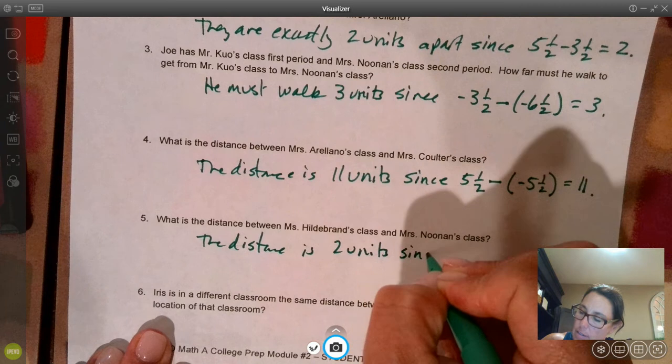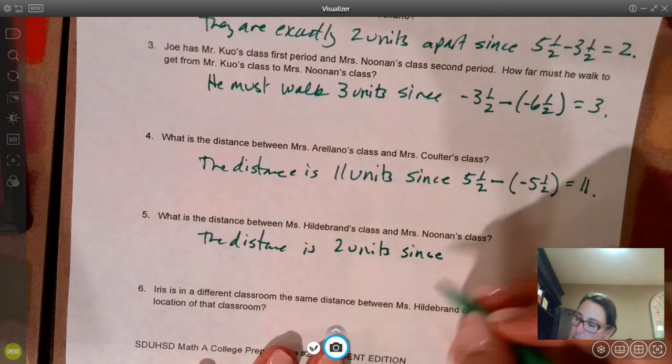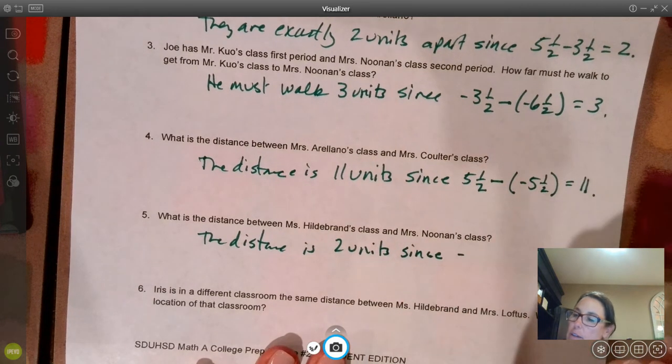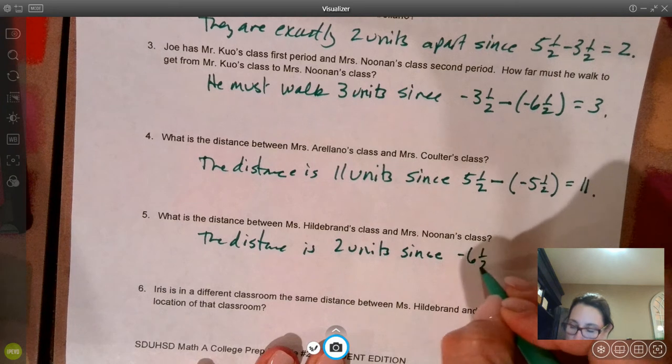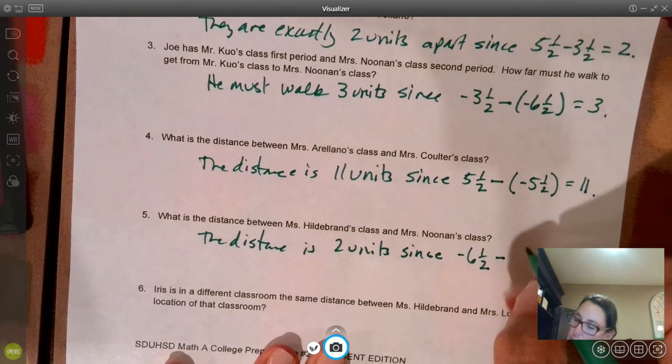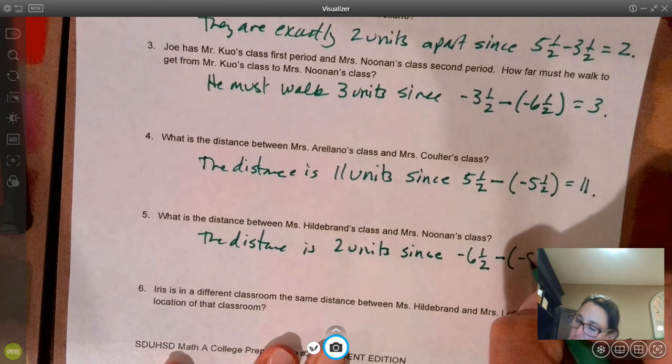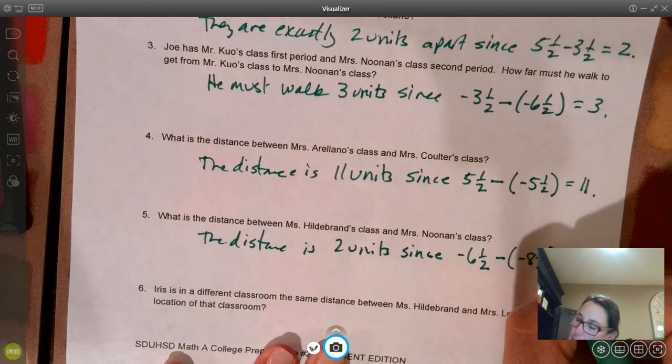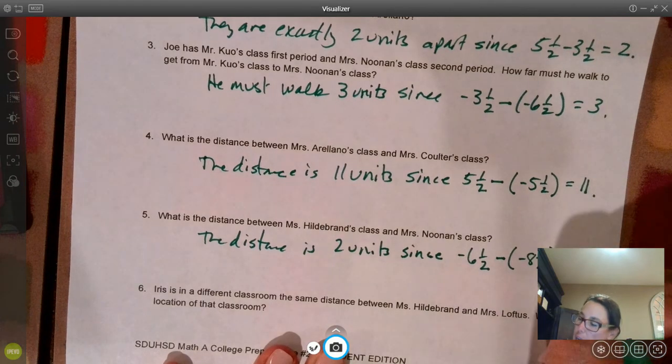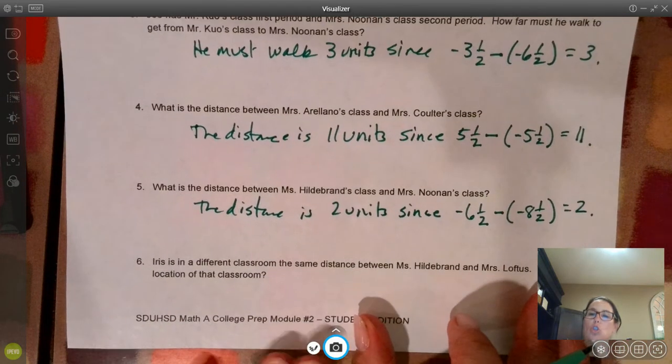And then let's give a reason, since here is Noonan, negative 6.5. And we're going to subtract, find the difference of that and the negative 8.5 for Hildebrand. And if we do that, we get 2.